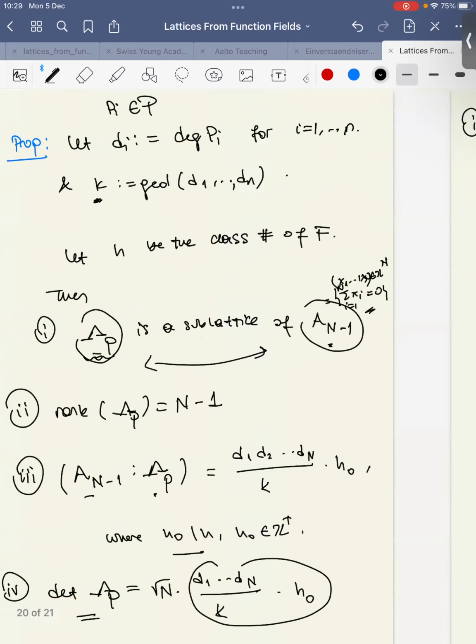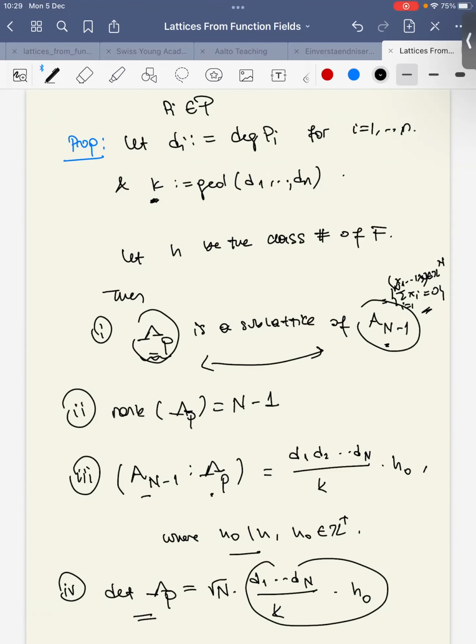And for the second part, what we want to show is that the rank is n minus 1. So we need to find n minus 1 linearly independent vectors in our function field lattice.